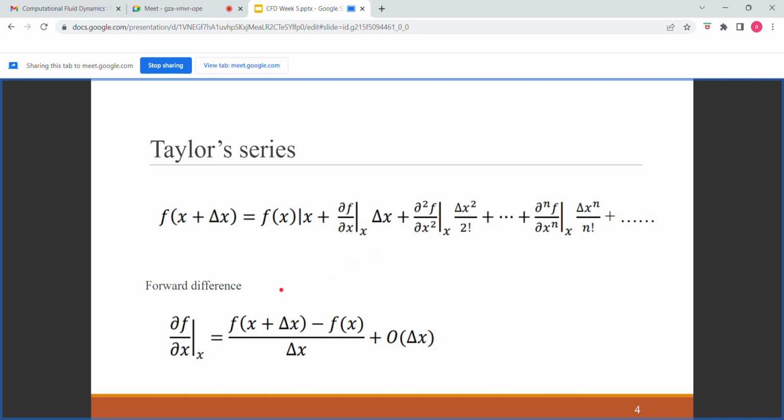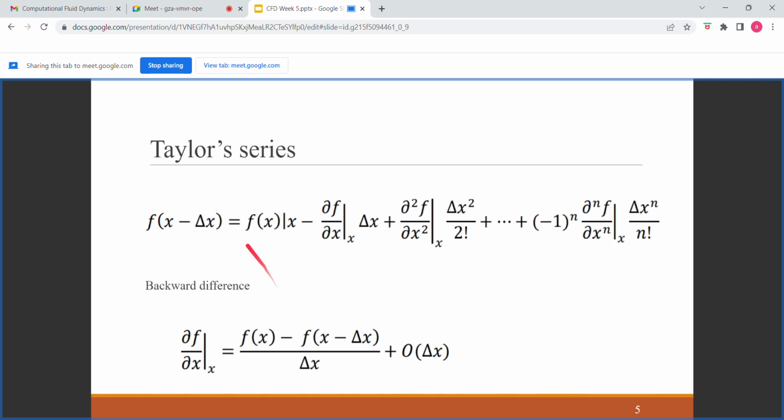So next we will see what is the backward difference. If it is expanded in terms of f of x minus delta x, and it is f of x at x, here we are using minus in the odd places, like minus dou f by dou x delta x plus dou square f by dou x square delta x square by 2 factorial.